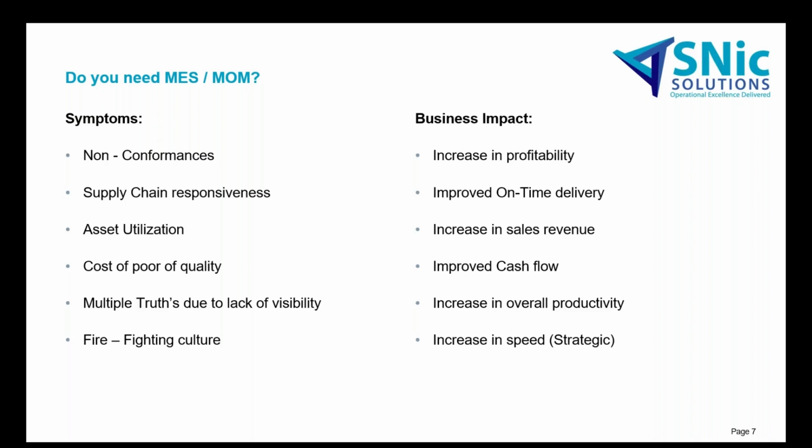So many new companies try to implement MES and MOM right from day one because they want it as a strategic advantage. But if you have existing facilities, you could see this helping you increase speed, come to the level of your competitors, and have that competitive advantage.